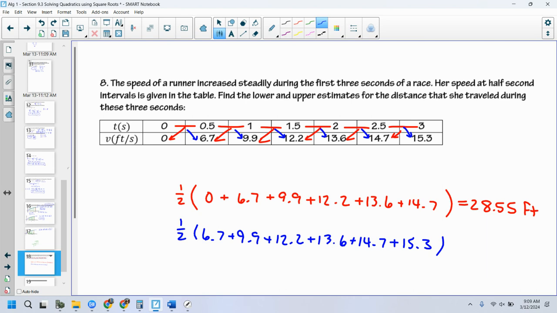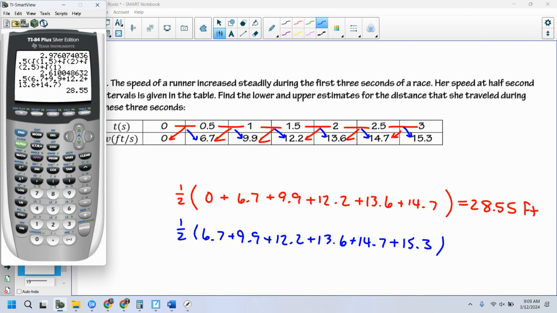The first one being the 0, the under being the 0, the over being the 6.7. And then chaining that all together. Okay, so we got 0.5 times, I'm just going to re-enter this. 0.5 times, and then I just want to add on the 15.3. All right, 6.7, 9.9, 12.2, 13.6, 14.7, and 15.3. So 36.2.